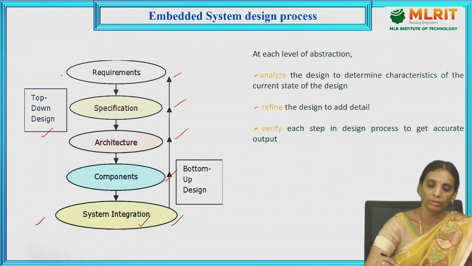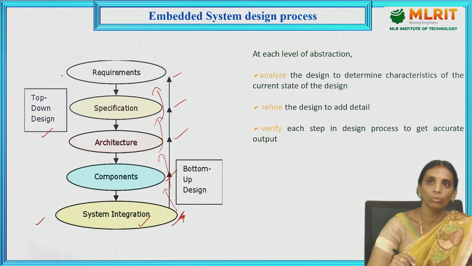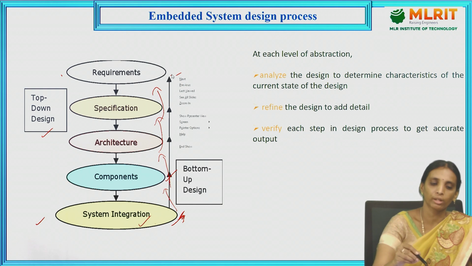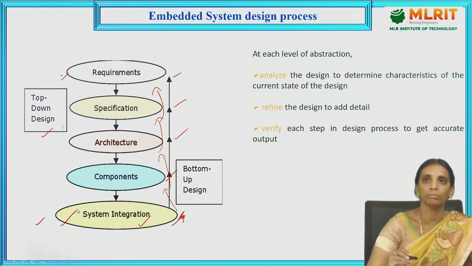In the bottom-up design, first we take the existing system which is already integrated, and next we add some more components, change the architecture design based on the new system, modify the specifications as per the new design, and write the requirements as per the new design. So the bottom-up design starts from system integration and ends with the requirements, and the top-down design starts with the requirements and ends with the system integration.